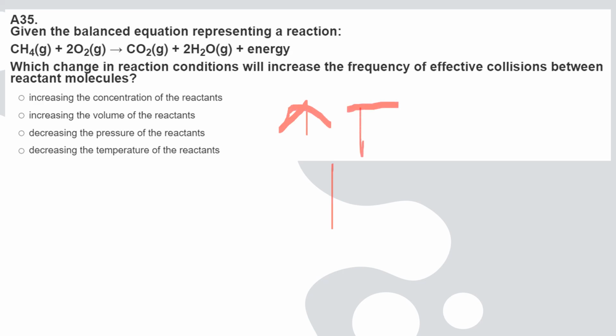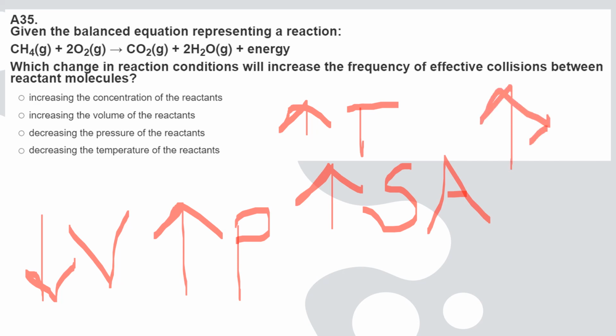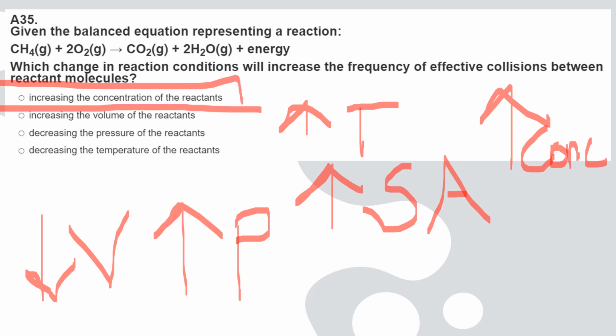Nope. I could increase surface area. Is that an option? Nope. Okay, I could increase pressure or decrease volume when I have gases. Is that an option? Nope. So what's the other one? Increase concentration. And there it is, right there.